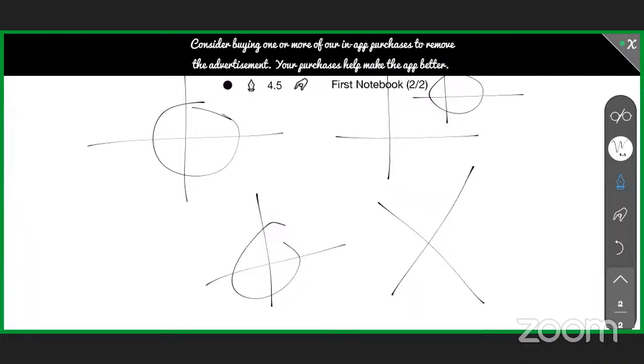So the origin is there, only the axes are shifting. That means the other things get shifted. The circle may get distorted.